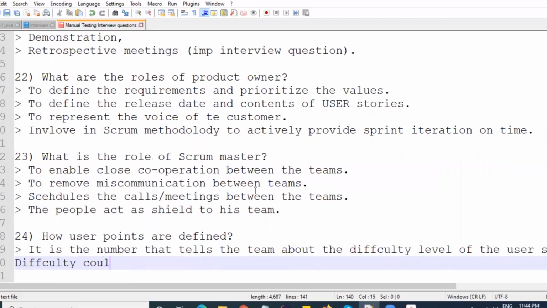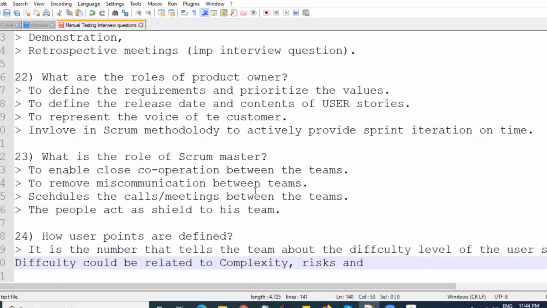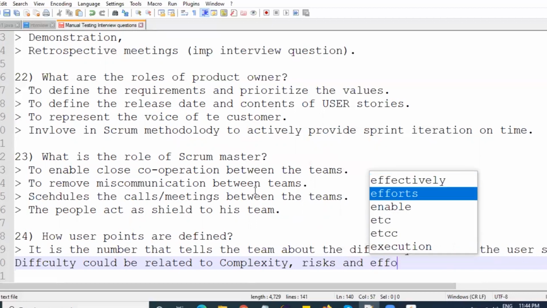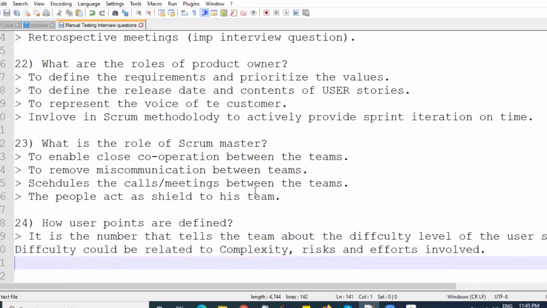The difficulty could be related to the complexity of the user story, what risks we need to take with the user story, and the efforts and timelines to complete it. So these are the things we do whenever dealing with user stories by user points.